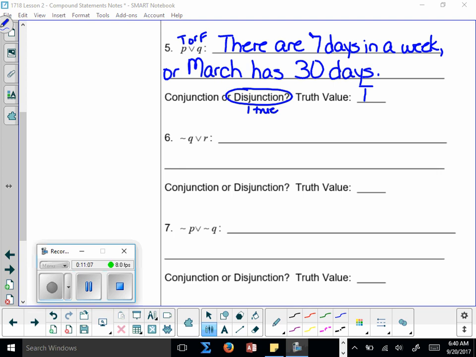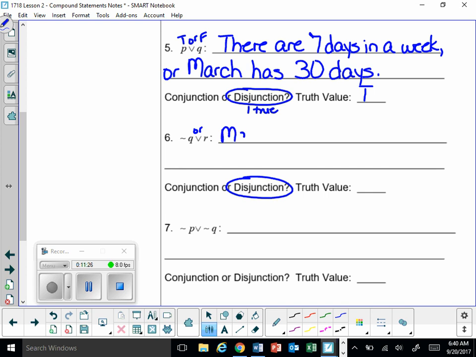Let's give number 6 a try together, and then I'm going to ask you to do the last two on your own. Let's see. I've got not Q or R. Or means I'm going to have a disjunction. I need one true statement. Let's write not Q: March doesn't have 30 days. Is that true or false?